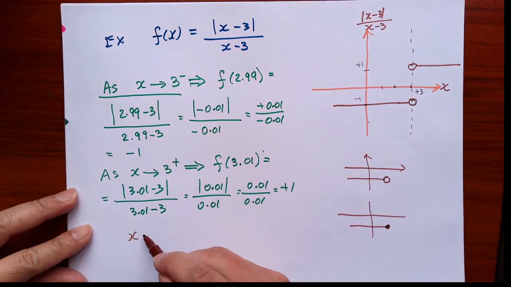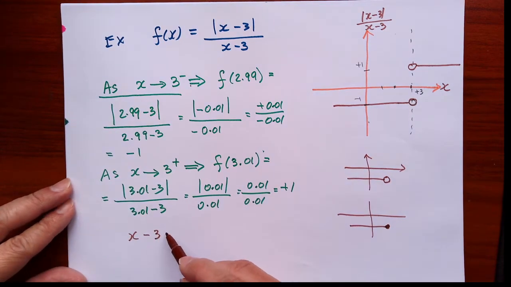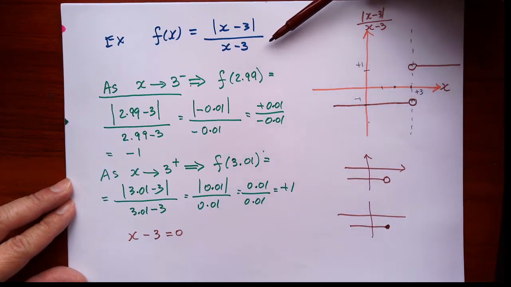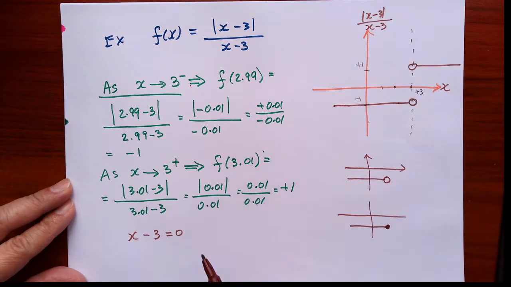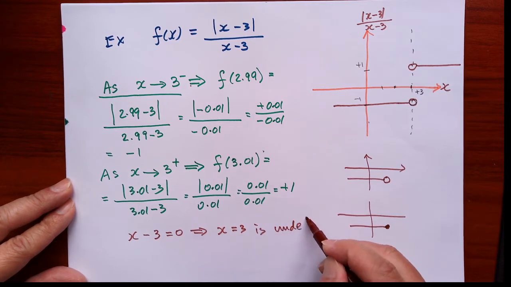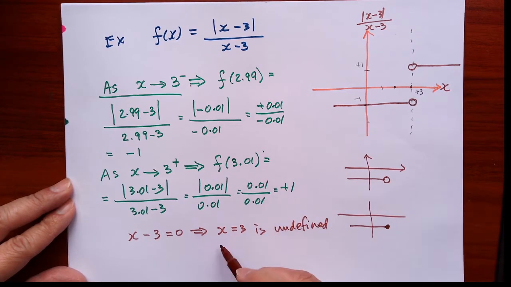Remember what I said before, x minus 3 equals 0 because the denominator cannot be equal to 0, which implies x equals 3 is undefined, or does not exist.